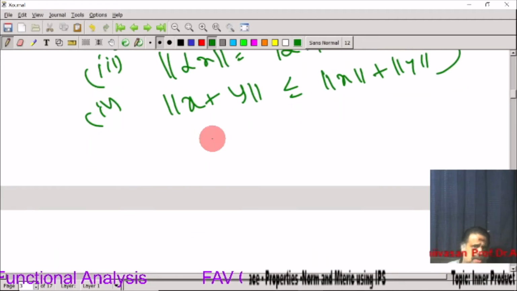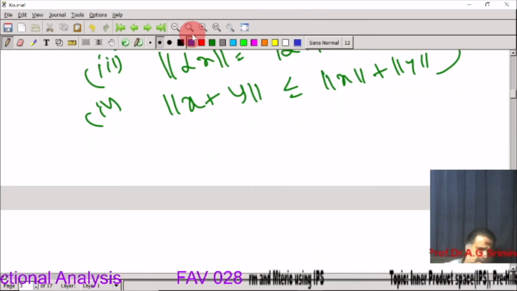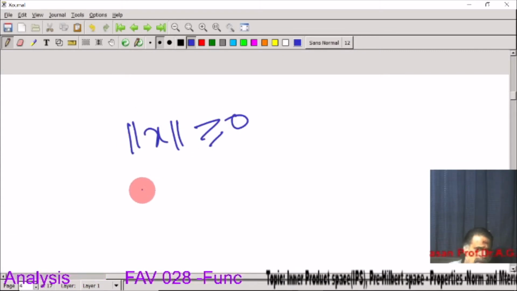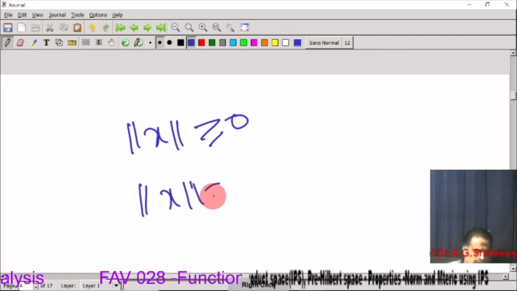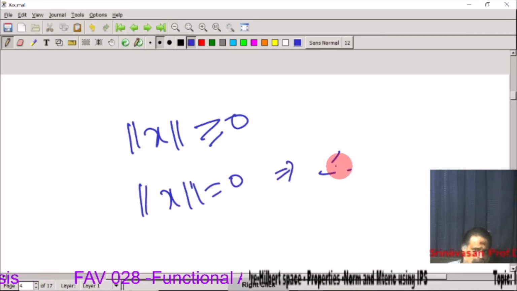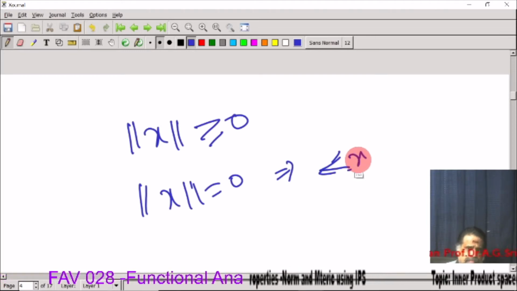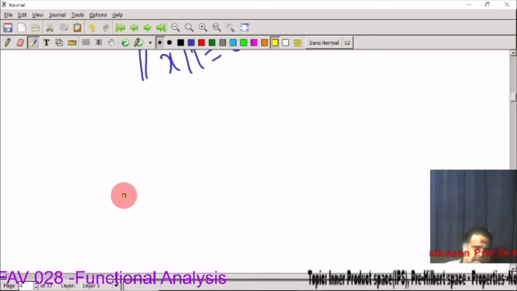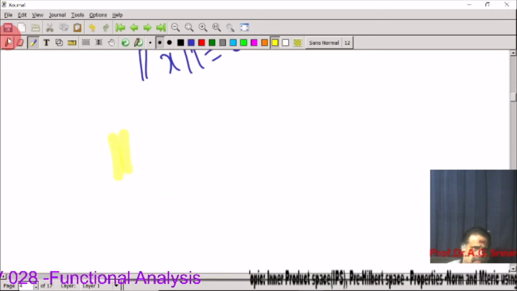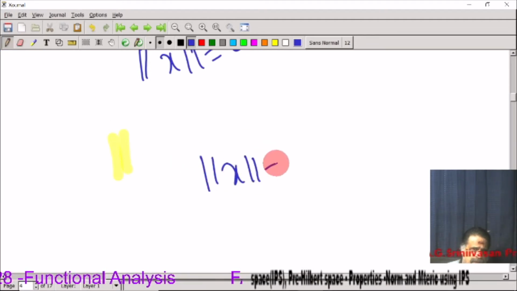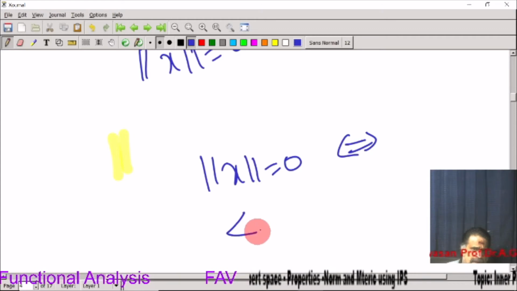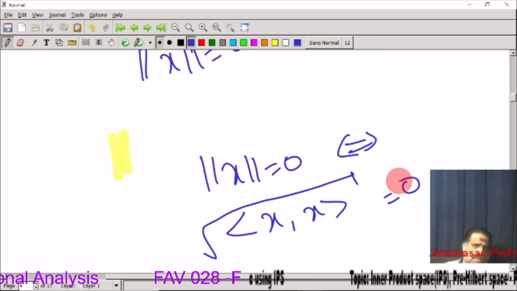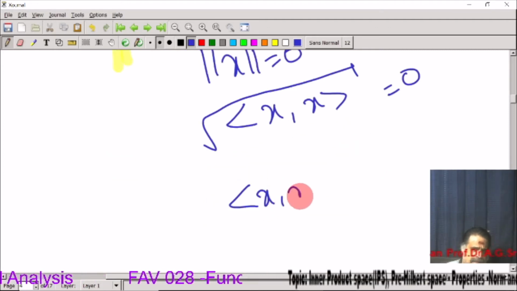Now the first condition is very obvious because just now we discussed that norm x is always greater than or equal to 0. And norm x equal to 0 implies that the square root of inner product xx is 0. Squaring on both sides, inner product xx is 0.